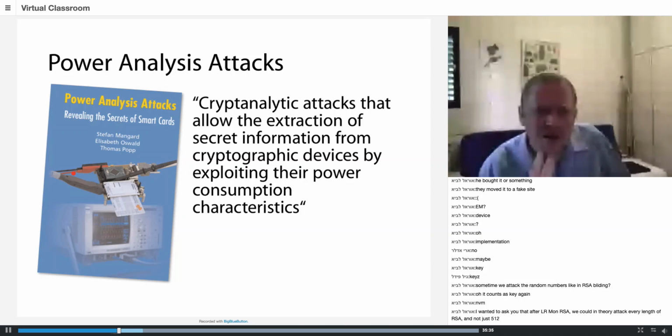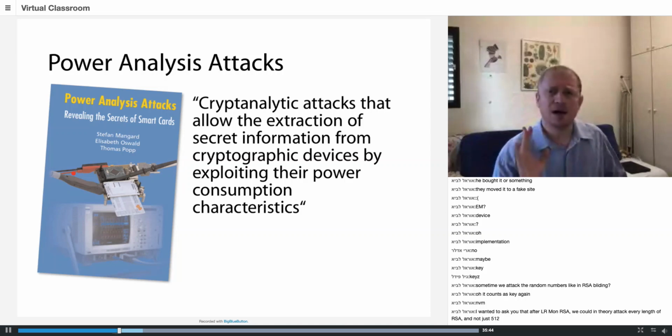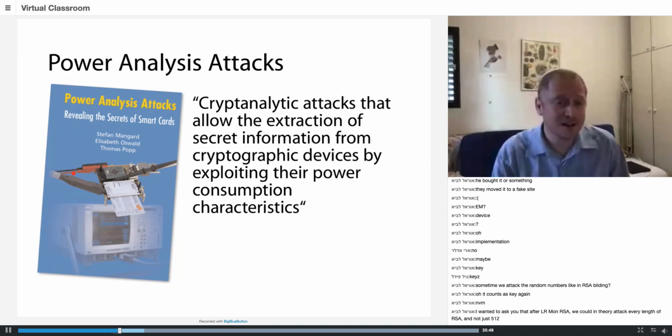So, can we attack every length of RSA? Every is a theoretical claim. If you can attack RSA in linear time, then you can attack any key that takes linear time.